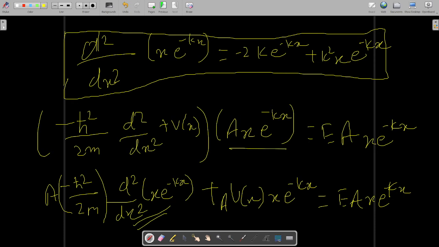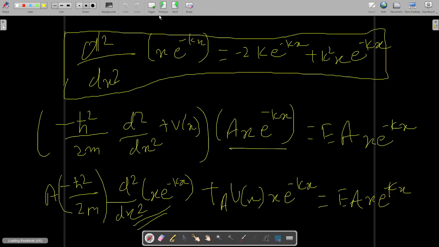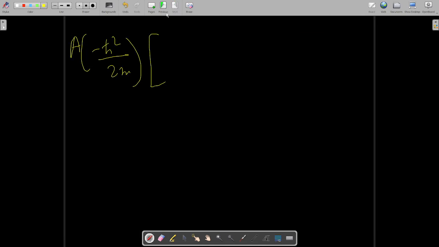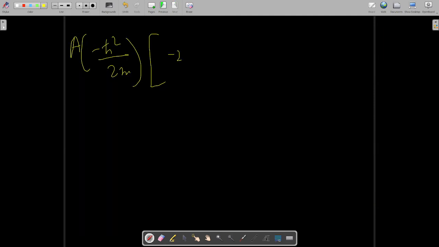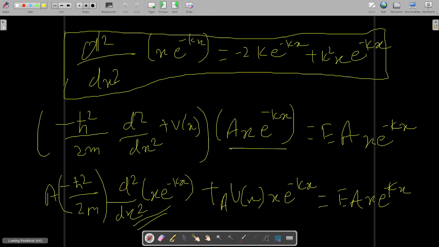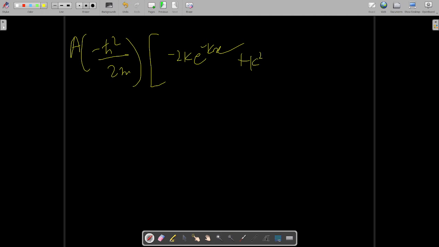After I substitute it, what will I get? A minus h cut square over 2m, and what have I got? This thing, so I will write it in multiplication: multiplied by minus 2k e to the power minus kx plus k square x e to the power minus kx.